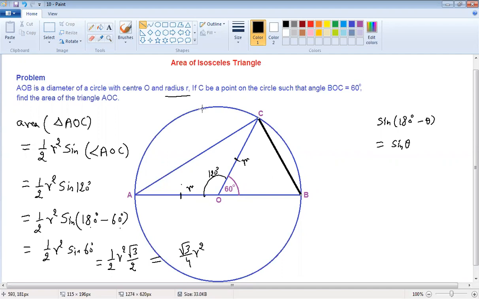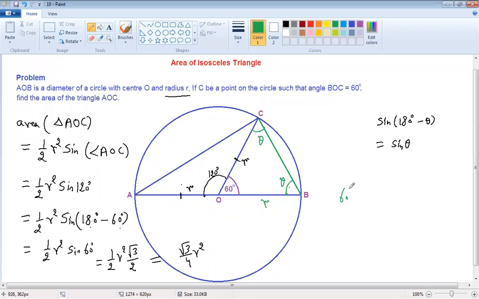If we join BC, then triangle OBC is also isosceles, because OB is a radius and OC is a radius. In an isosceles triangle, this 60 degree angle is the vertical angle, and the base angles are equal. Suppose theta and theta.